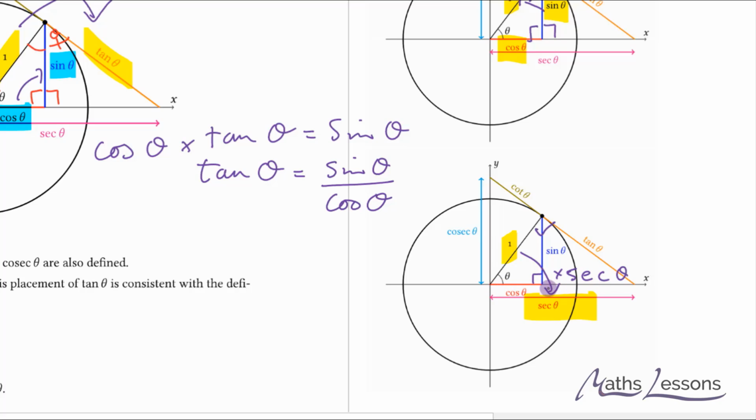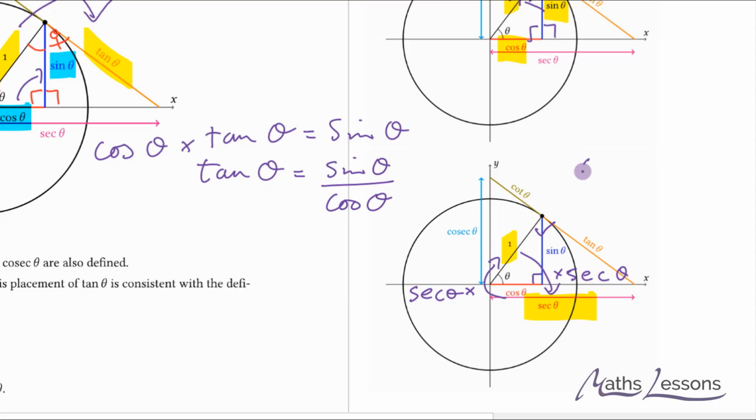But when we go from this triangle to this triangle, the cos corresponds to the 1. So we have to times our scale factor of sec theta times by cos theta will equal 1. Okay, so we're going to times that by sec theta as well, because this side corresponds to the base on this side in that big triangle.